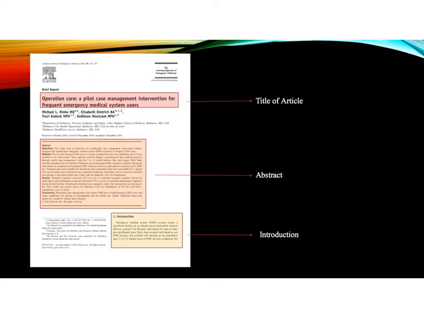The next part of the article that you want to pay attention to is going to be the introduction. The introduction is going to set up the problem or the issue that the scientist or the researchers are intervening on. So obviously in this case, the problem or issue is frequent emergency medical system users. And so what this section will do is tell us why that's a problem.